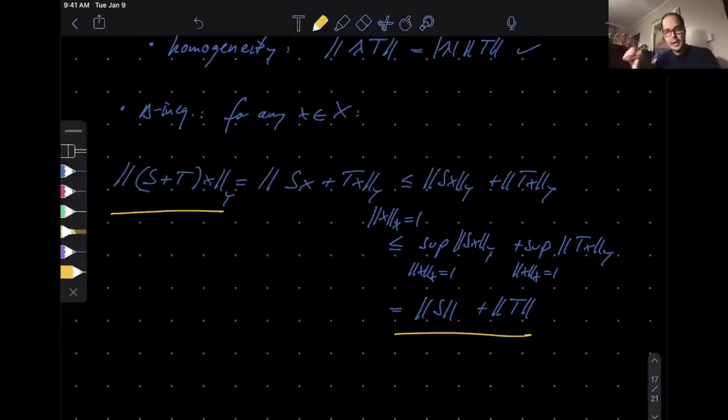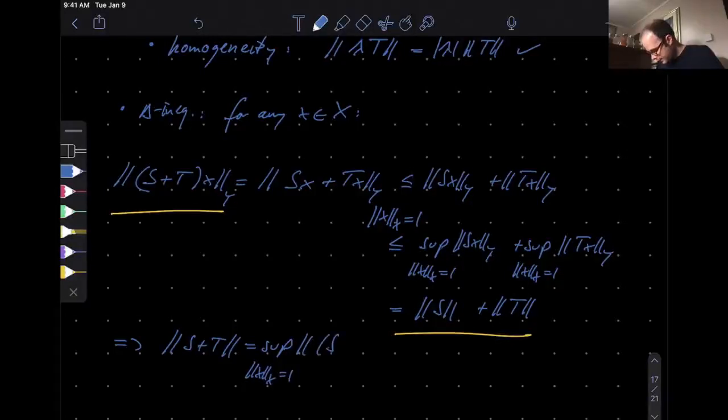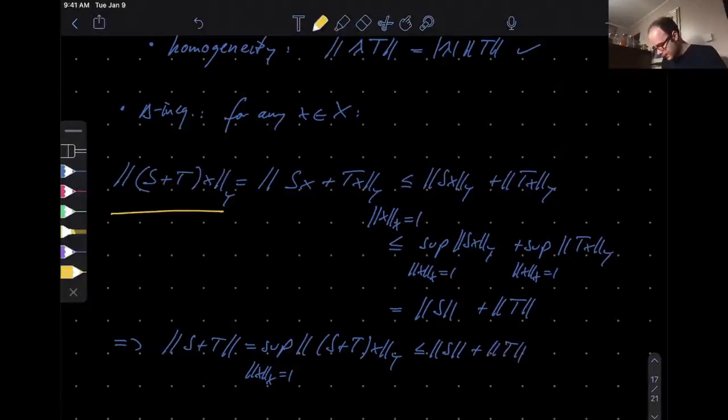Since this holds for all x on the unit sphere, you can optimize, and that will give you that ||S plus T||, which is the supremum over those vectors of length 1 of ||(S plus T)x|| in Y, is at most ||S|| plus ||T||. And this is the desired triangle inequality. Okay, so this thing indeed is a norm. Good.